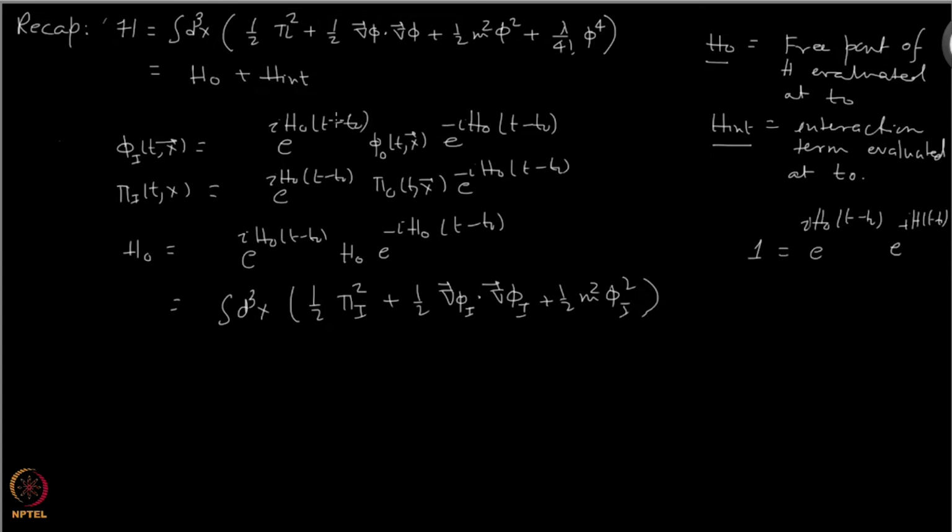Once you use this, you can convert all the phi's and pi's into phi I's and pi I's. And also you saw that the commutation relations that phi I and pi I satisfy are exactly the ones which free field operators satisfy. So these are equal time commutation relations. So fields commute at equal times.